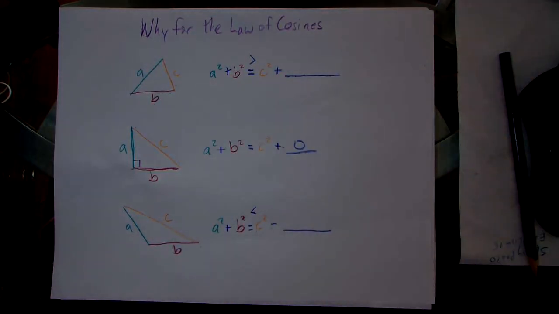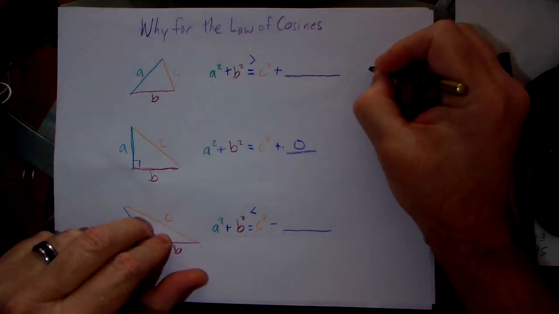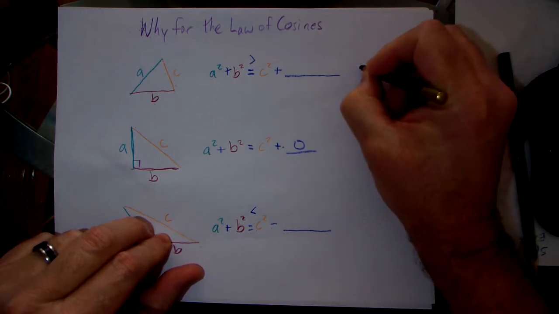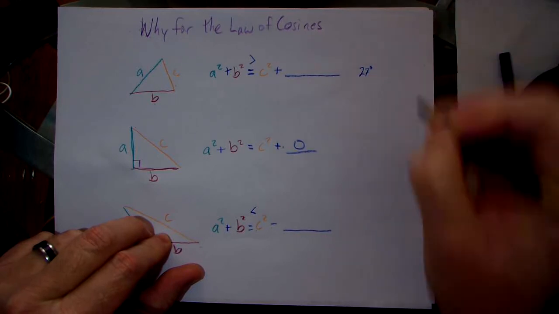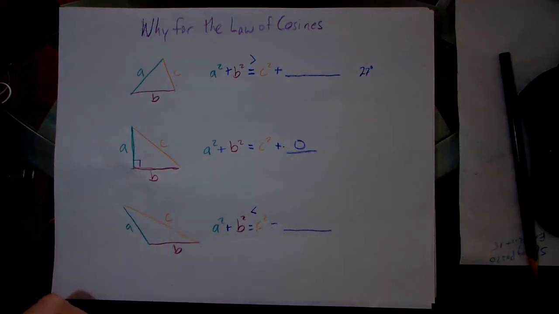In our playing with the numbers, I'm just going to give each of these a random measure. So we'll call this one 27 degrees. We're talking about the angle C now.